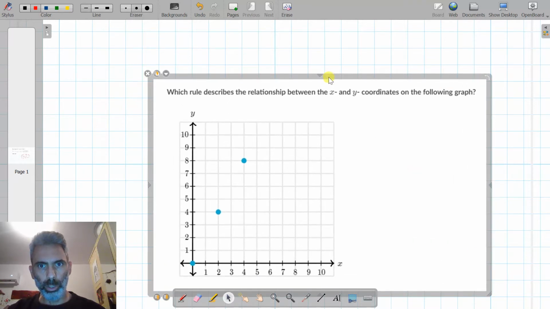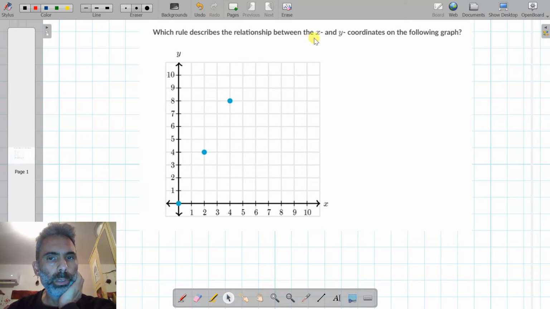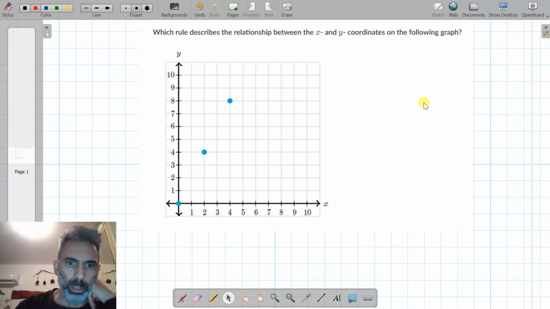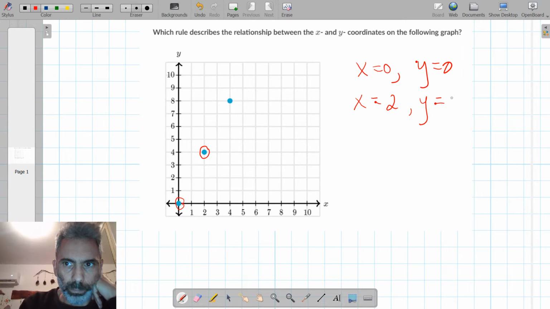Okay, which rule describes the relationship between the x and y coordinates on the following graph? Okay, so the first point has an x of 0 and a y of 0. The second point has an x of 2 and a y of 4.